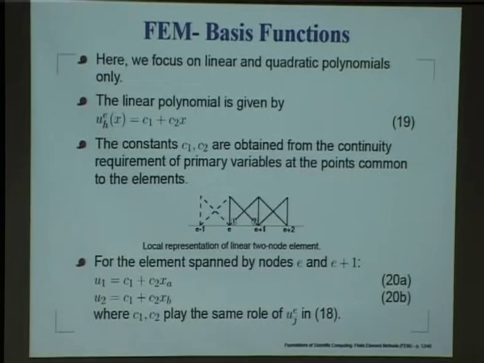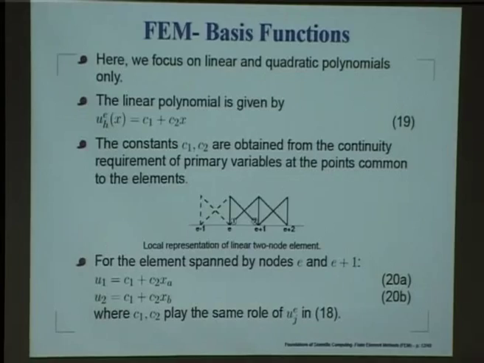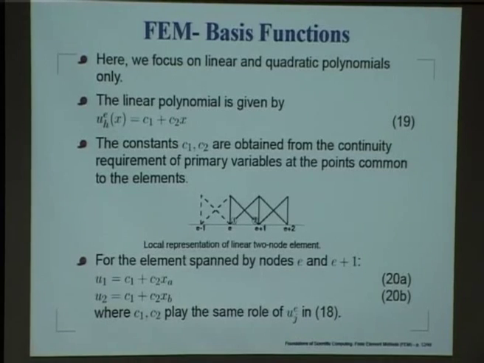Let us say U1 and U2 are given, and you know the coordinates of these nodes E and E plus 1 as xa and xb, then it remains to be found how we can get this value of C1 and C2, and this is exactly like what we talked about as those nodal values, right. So, this C1 and C2 would be that.